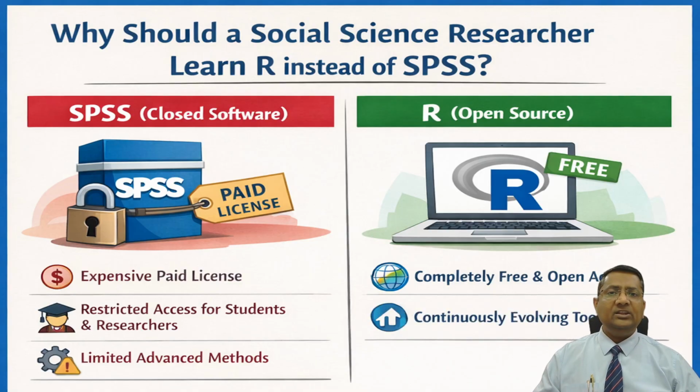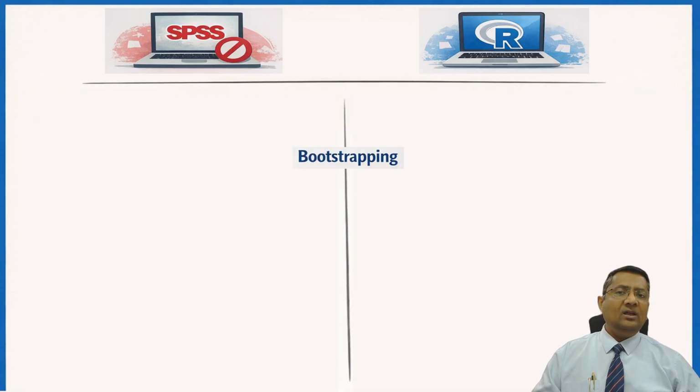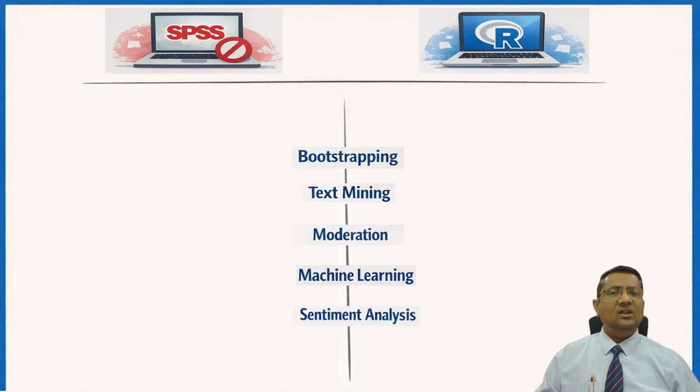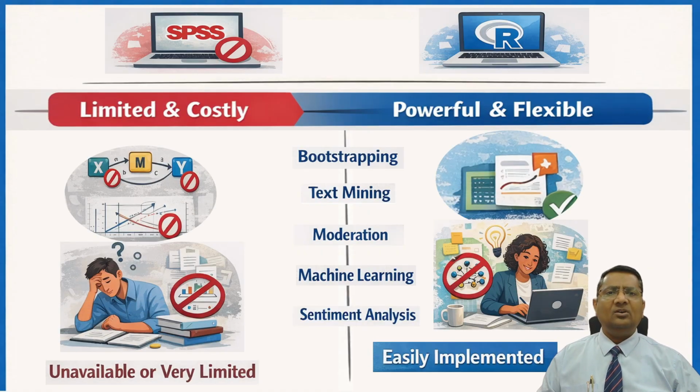But R is continuously evolving through the communities, R libraries, and much more free material. The advanced tools such as bootstrapping, text mining, machine learning, sentiment analysis, and Bayesian models are either not available or very limited in SPSS, but easily implemented in R.